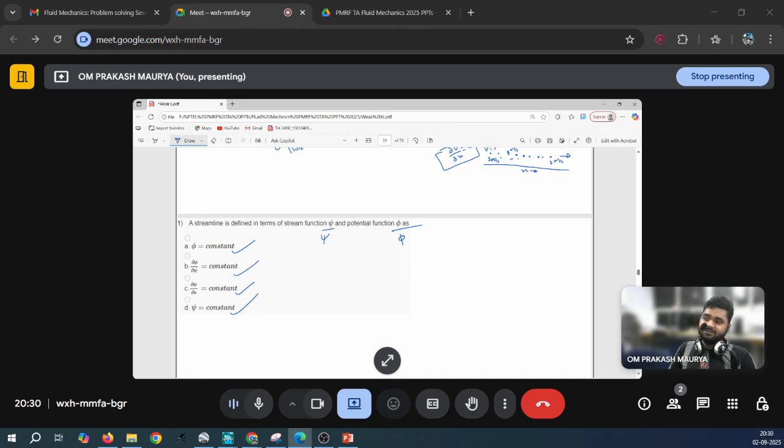A streamline is defined in terms of stream function psi and potential function phi as.